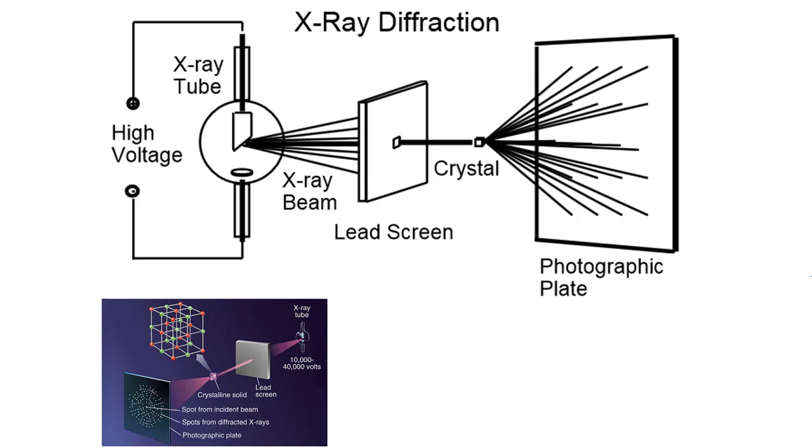In this case, you take an X-ray tube, you shine it at a subject, and you emit an X-ray beam. When that beam collides with the crystal, it's going to interact depending on where the different atoms, molecules, whatever is making up the crystal, are, and the image on the photographic plate is going to change based upon where those collisions occurred.